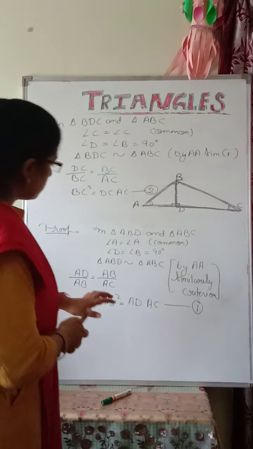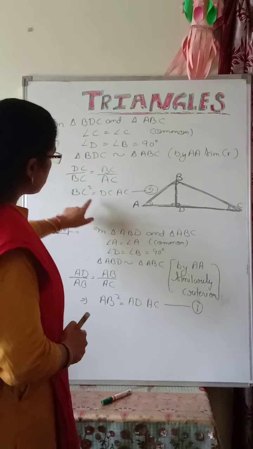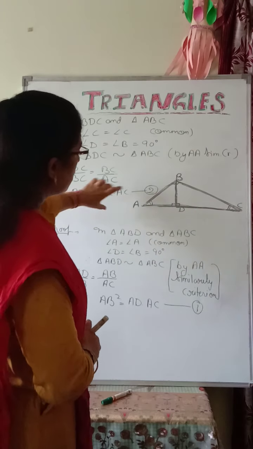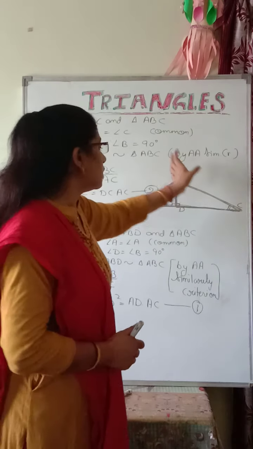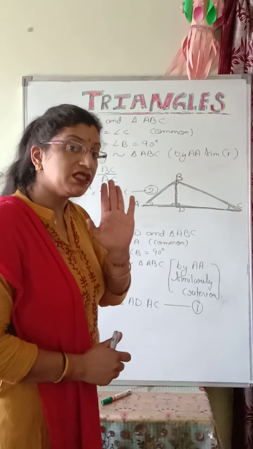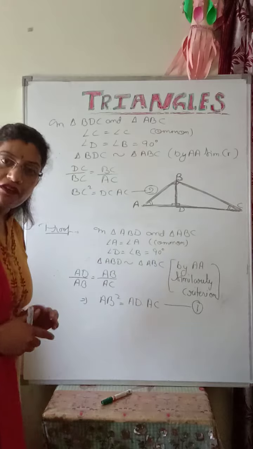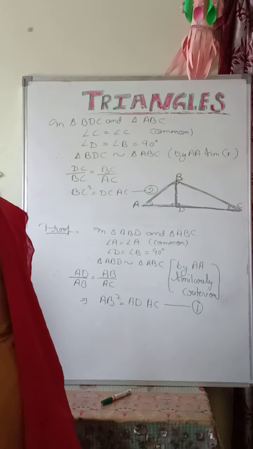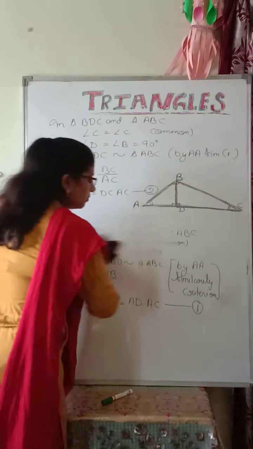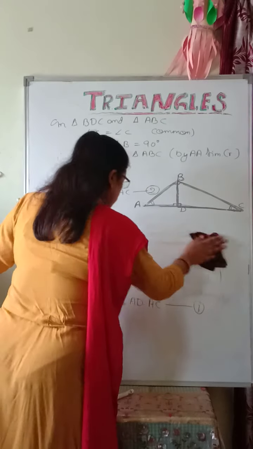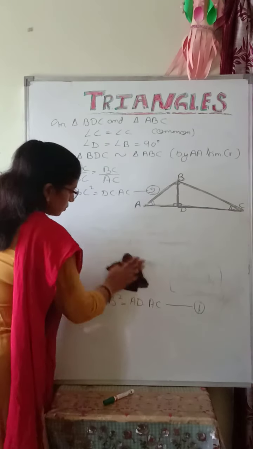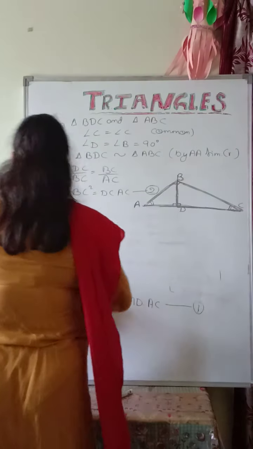In equation number 1 we got AB square and in equation number 2 we got BC square. For proving AB square plus BC square equals AC square, what will we do? We will add these two equations. Adding equation 1 and 2, what you will get?